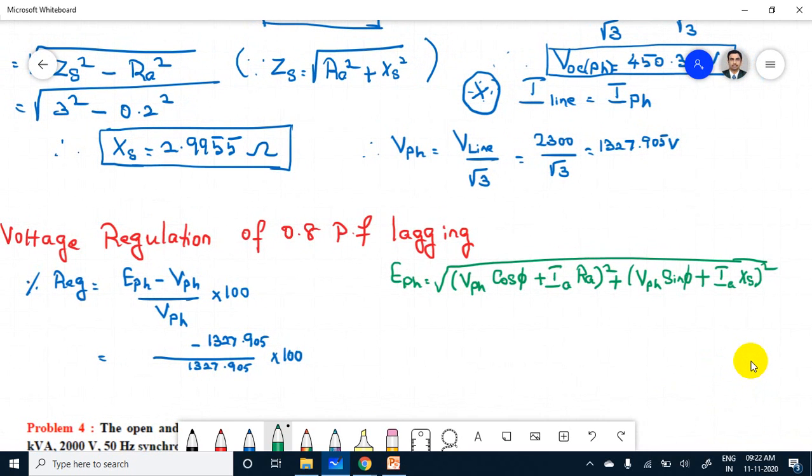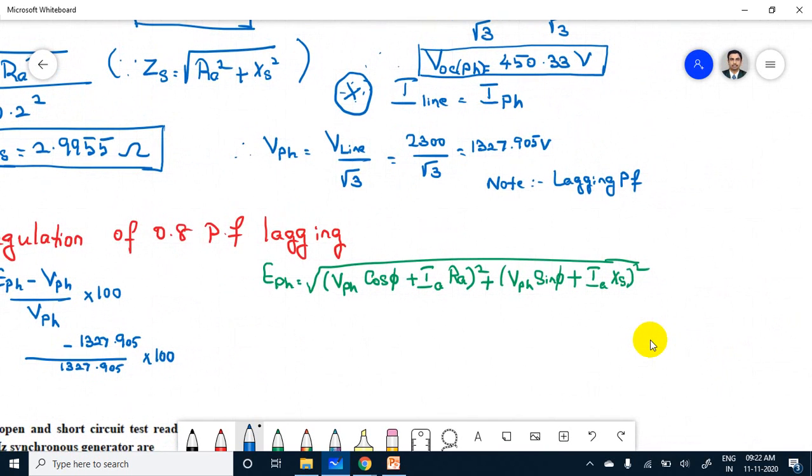In this point we are going to calculate for lagging power factor. Please take down the note: lagging power factor is applicable to inductive load.